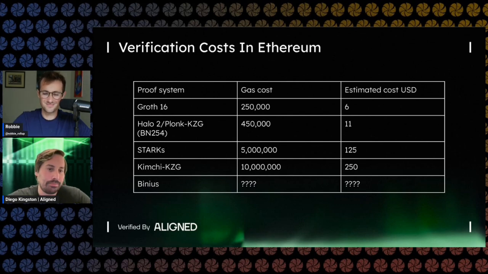So what we see is that verification costs remain high, and that if we could reduce them, then of course we could begin unlocking several new applications. Besides, this is one of the main operational costs rollups have.